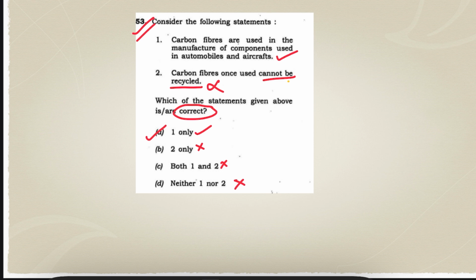Similarly for options C and D, I'll put a little cross in front of them, and now finally I'll mark A as my option, and I'll put a double tick on the question as well, indicating that I know this answer with 100% surety, and I will be marking my A option as my final answer in my OMR sheet as well. So this is how you'll have to attempt a question. With practice, you'll be able to attempt this with speed.